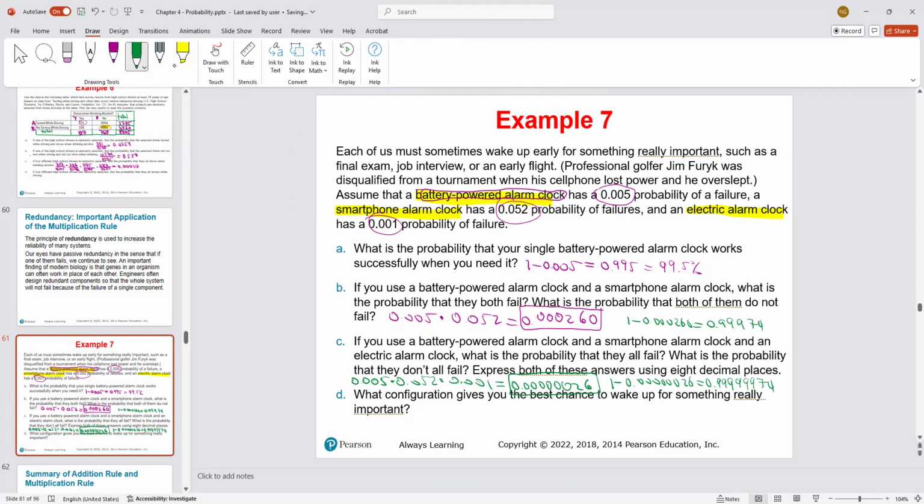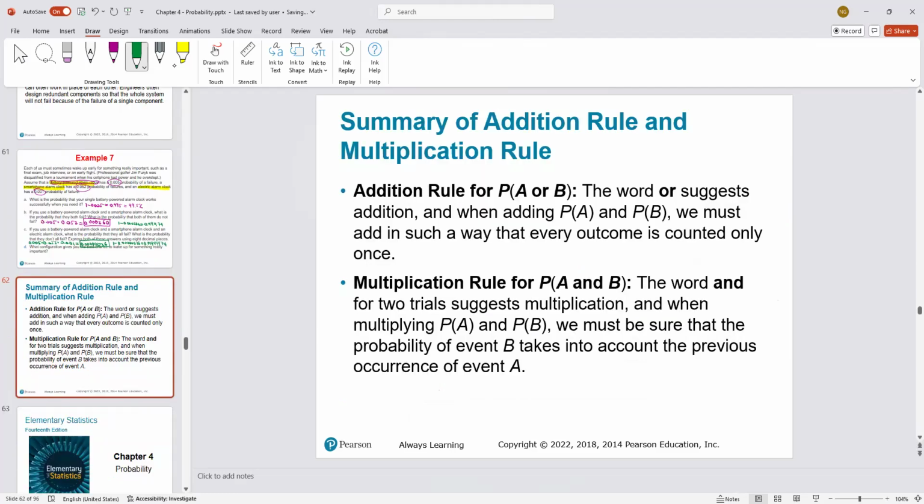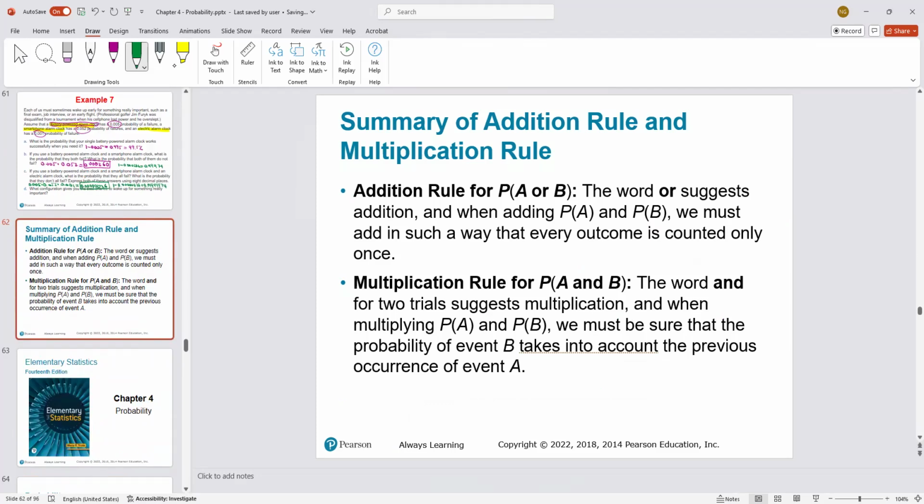Now they ask what configuration gives you the best chance to wake up for something really important. I think you need to combine these three, because you need to find a way to have all three work together very well. Addition rule as a summary, very important. The word or suggests addition when adding probability of A or B. We must add in a way that counts only once.